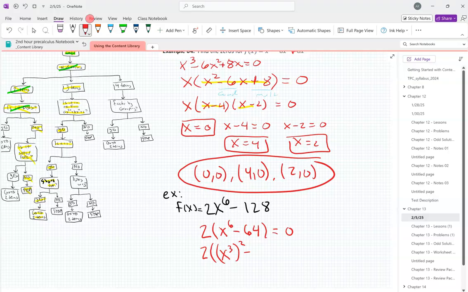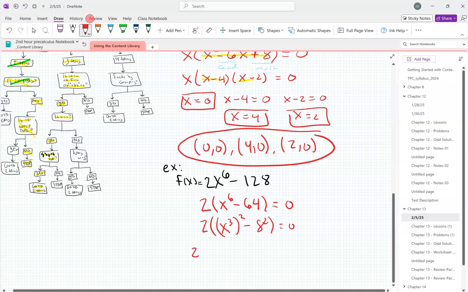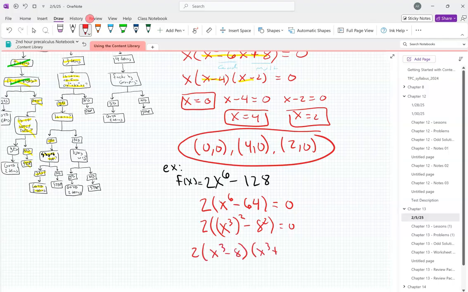Is 64 a perfect square? Yeah, right? That's 8 squared. So that does factor into x cubed minus 8 and x cubed plus 8. Everybody okay there? Okay, so we did that.